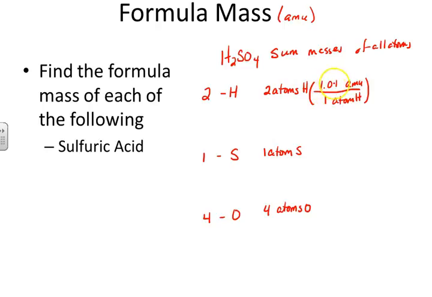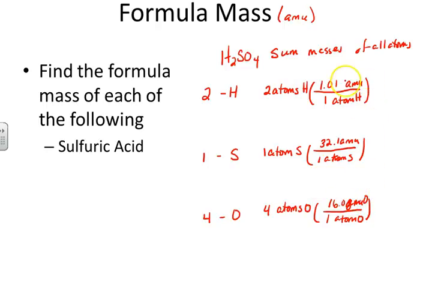This comes from the periodic table. Every 1 atom of sulfur has a mass of 32.1 AMUs. And then we do the same for oxygen. For every 1 atom of oxygen, we have 16 AMUs of oxygen.